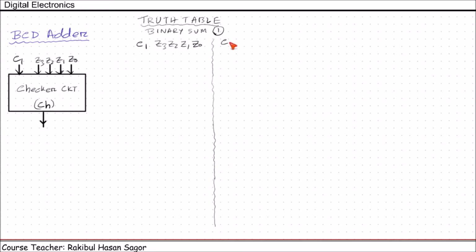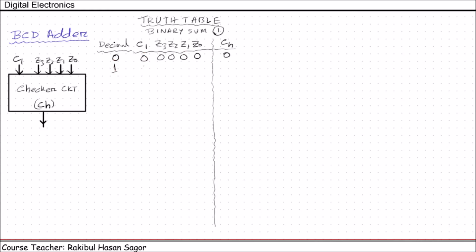On the output side we have CH. Let me write the corresponding decimal number as well for your better understanding. If the number appearing here is 0 0 0 0 0, then the checker output should be equal to 0. The decimal value of this input is 0.